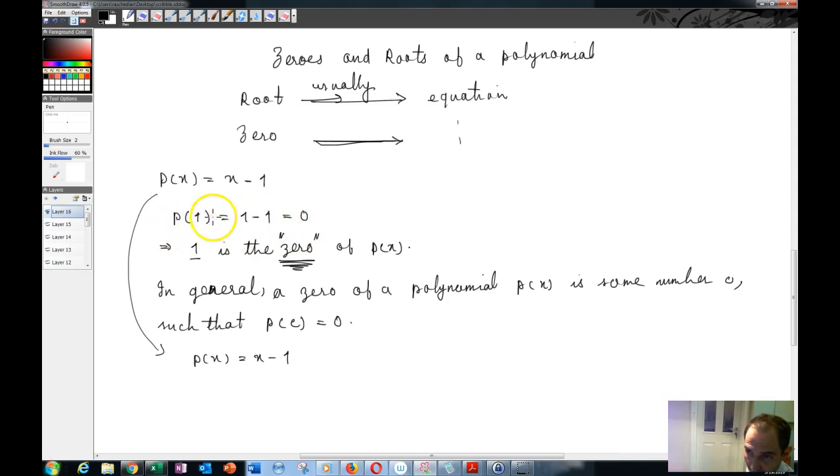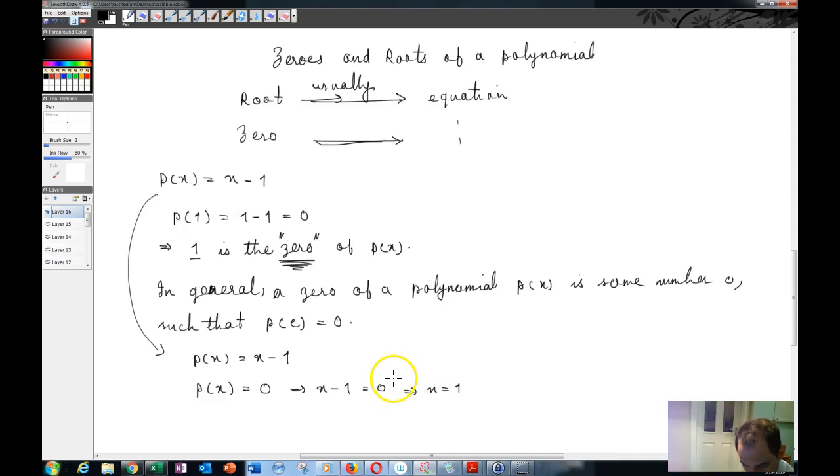So if I simply set the output of the polynomial to 0, then I'll be able to find that input at which the output is equal to 0. I'll do the same thing. So I set p of x is equal to 0. That means that x minus 1 is equal to 0. That means that x is equal to 1.